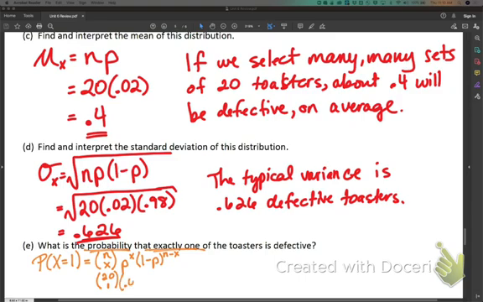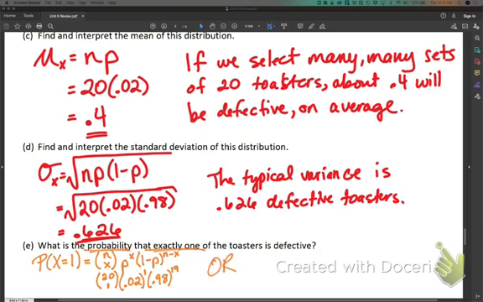Probability of success or defection is 0.02 to the 1, because I only have 1 success or 1 defective. Then I would have 0.98, that's the probability of failure, that's 1 minus p. And I would have 19 of those that are not defective. So I can do it that way, okay?